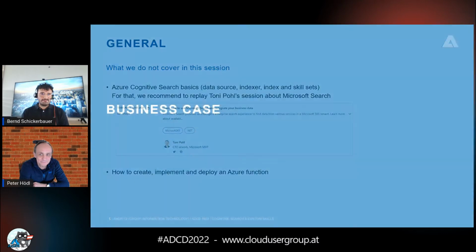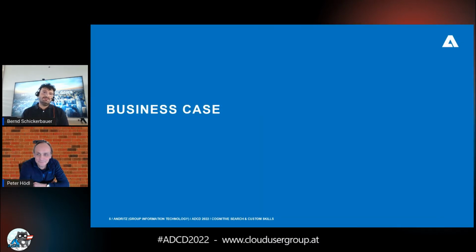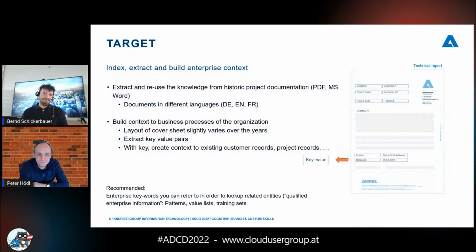All right. So, starting with the business case: what's the case? What's the target? Basically, we want to index, extract, and also build enterprise context with certain kinds of information.